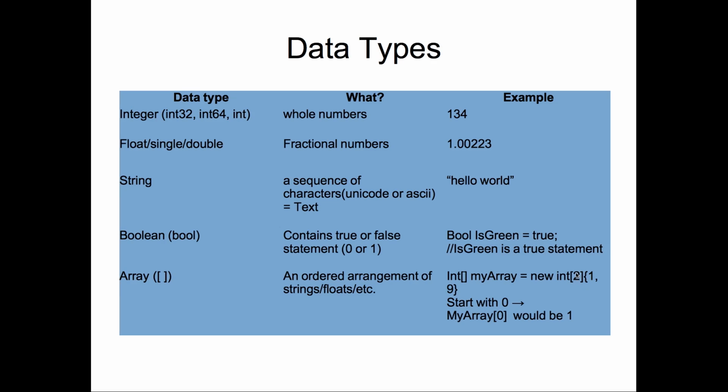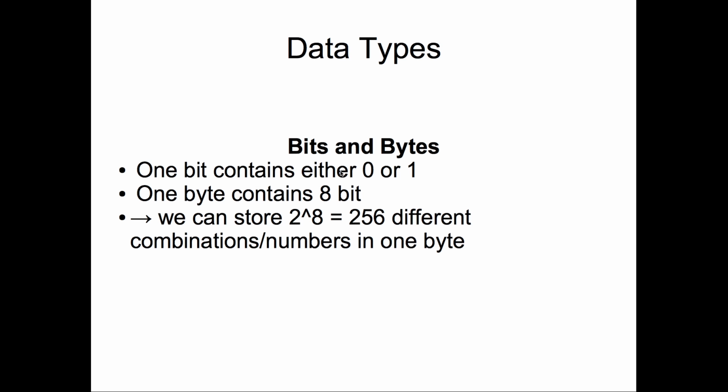So right here you can see that my array of integers contains two different numbers, which would be 1 and 9. Because the index of an array starts with 0, my array 0 would be 1, and my array 1 would be 9.